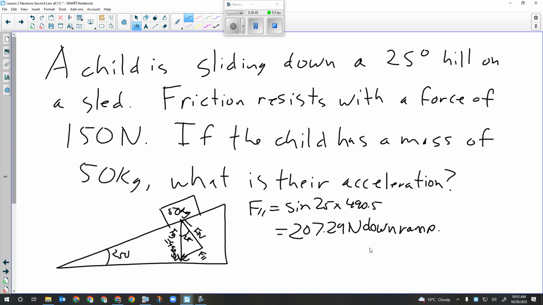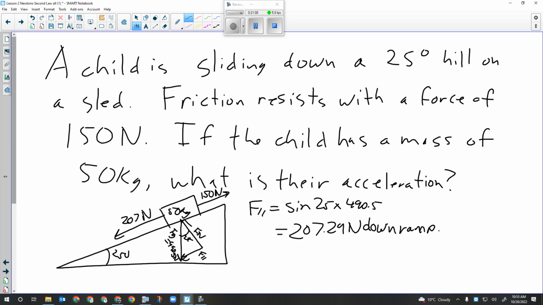Now I can put that on here, 207 newtons. Friction is resisting with 150 newtons, so that must be up the ramp, and I'm going to put that on there. What's my next step? F net, using the sum of all forces.